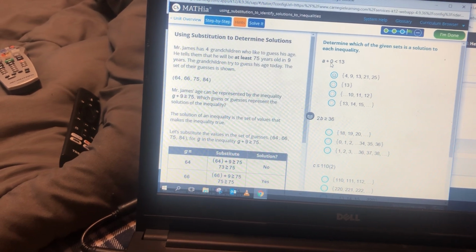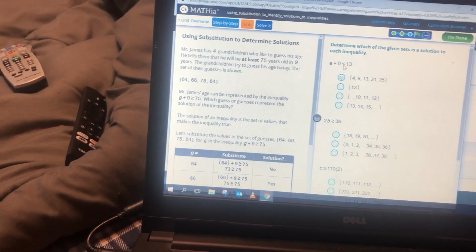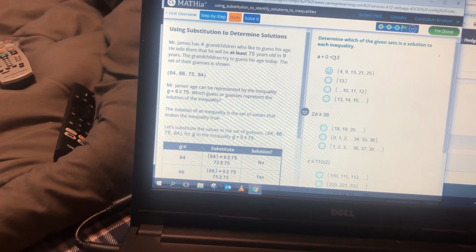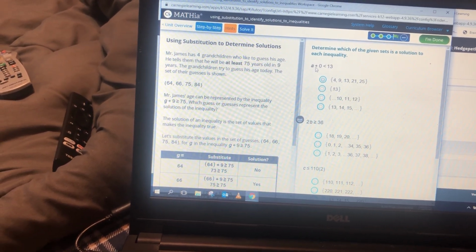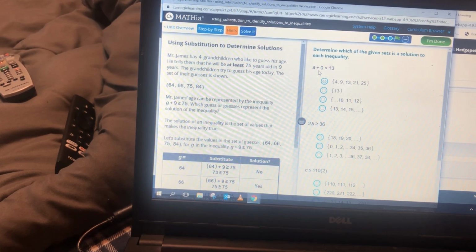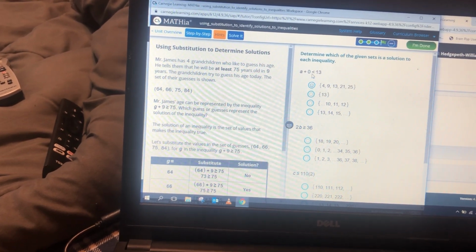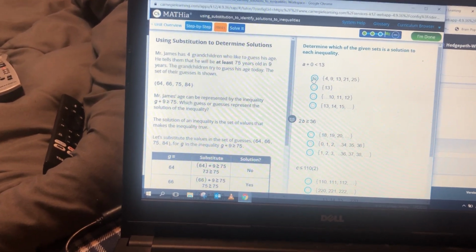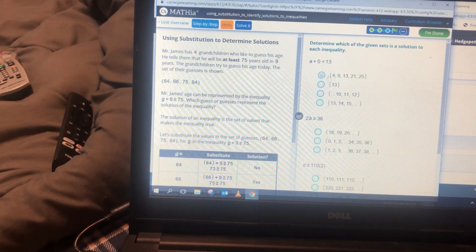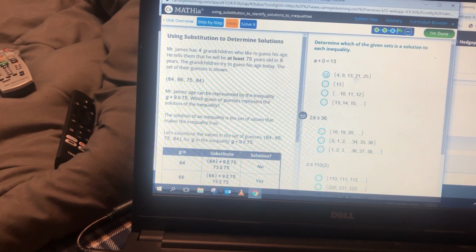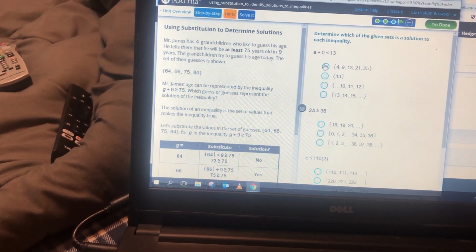Is 13 plus 0, 13, less than 13? No. How about 21? 21 plus 0. Is 21 less than 13? No. So for this first set of solutions, I could cross this first one out. This is not the right one.